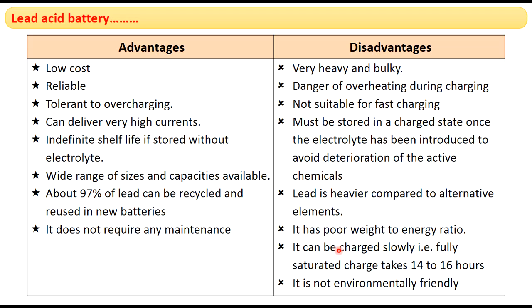Another disadvantage is lead acid battery can be charged slowly, and if you want to recharge the battery to its fully charged state, it takes 14 to 16 hours. And the important disadvantage of lead acid battery is it is not eco-friendly. These are the disadvantages of lead acid battery.